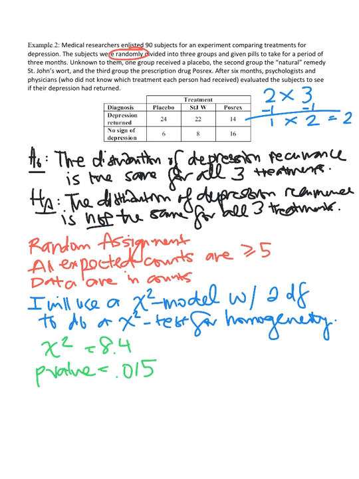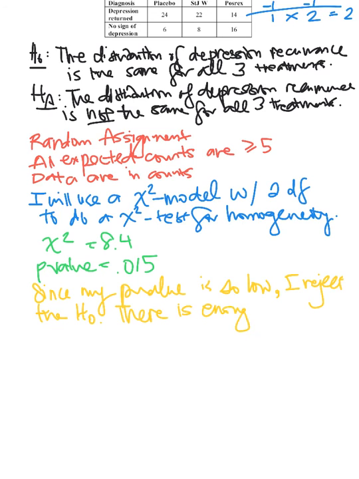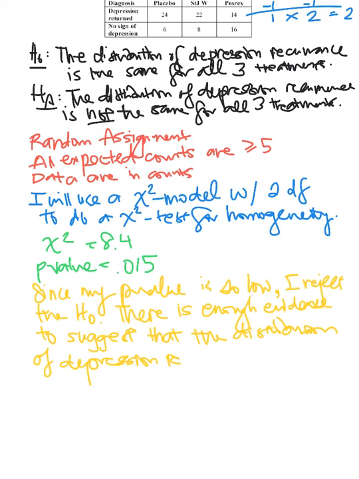Okay, so pretty low p-value. So I'm going to say, since my p-value is so low, I reject the null hypothesis, which means there is enough evidence to suggest that, I'm going to copy my alternative, the distribution of depression recurrence is not the same for all 3 treatments.